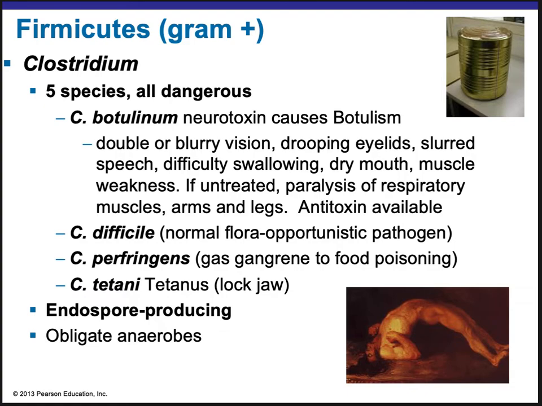So the first symptoms are typically blurry vision or double vision. The muscles in the eyes have become paralyzed to where they cannot focus. The eyelids will start to droop. And so this kind of paralysis is called flaccid, because you're not able to get a muscle contraction anymore. They're stuck in the relaxed state.